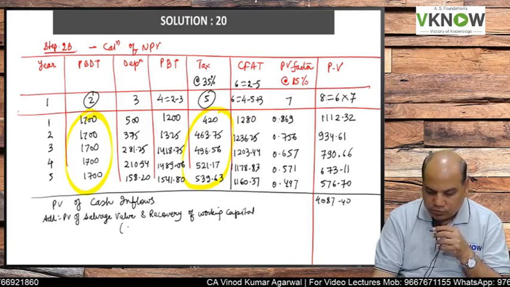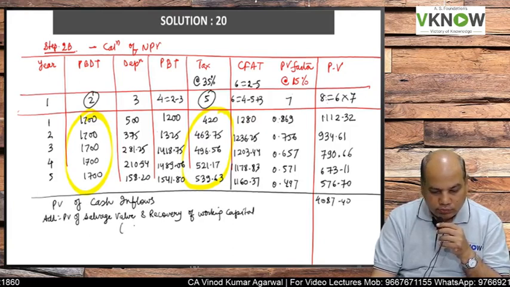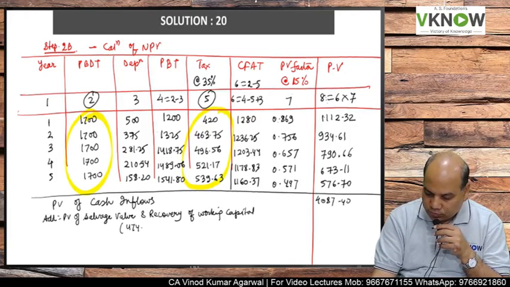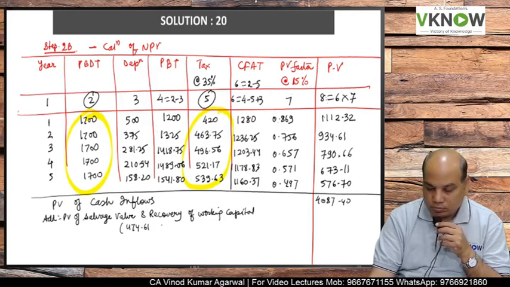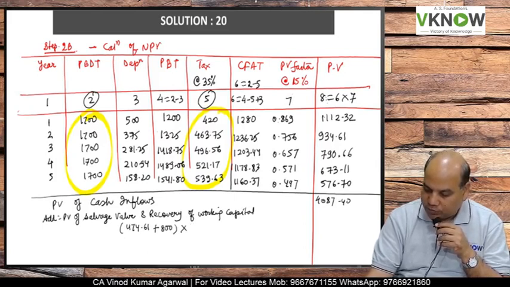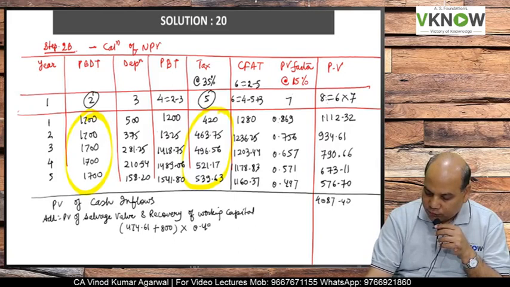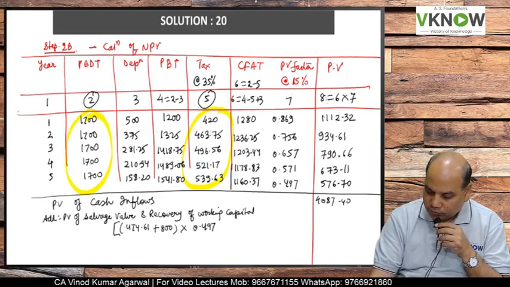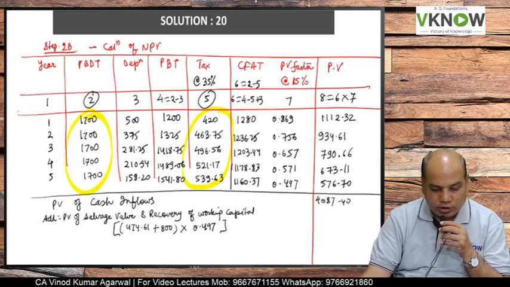How much is salvage value? 474.61. And how much is recovery of working capital? 800. Multiplied by fifth year factor 0.497. So this is the PV of salvage value.